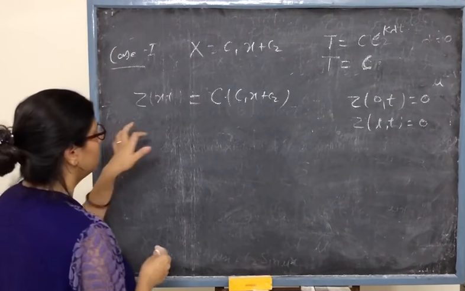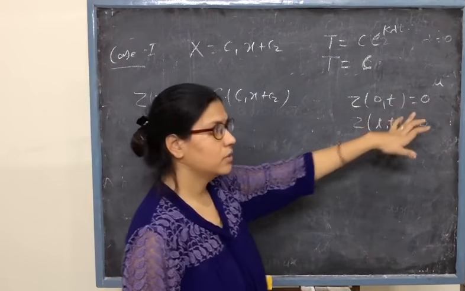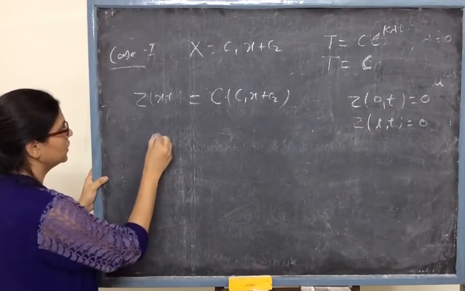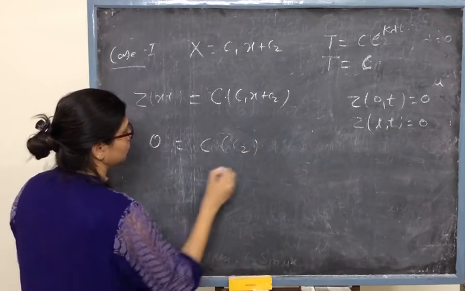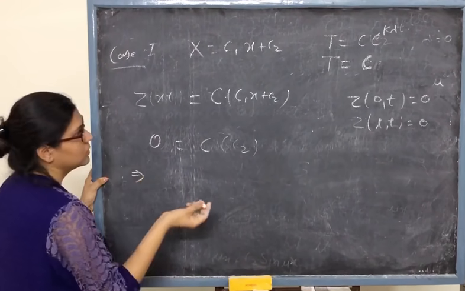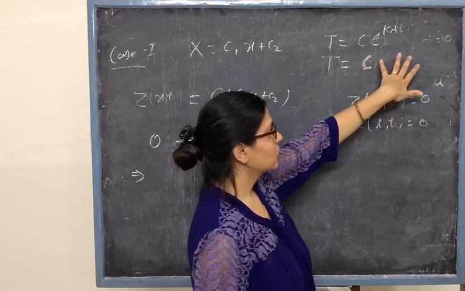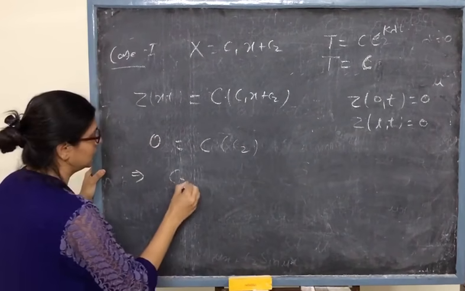Now putting x equals 0, z is 0, so we will get c dot c2. Since t is constant, we get c2 equals 0.